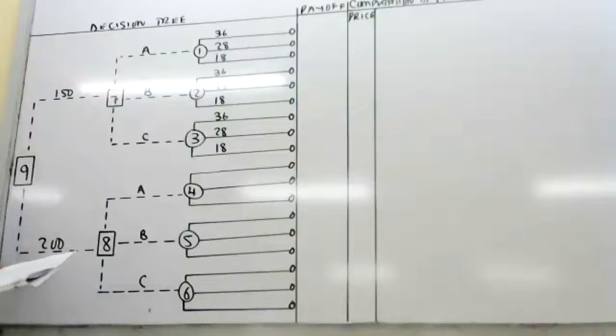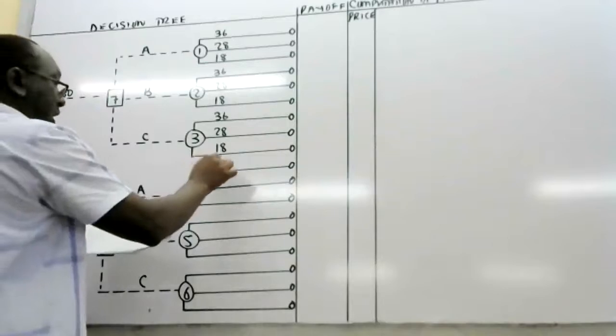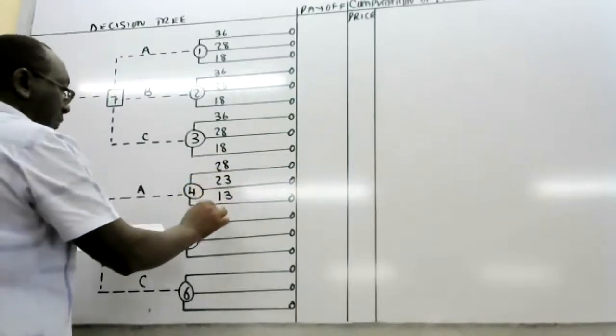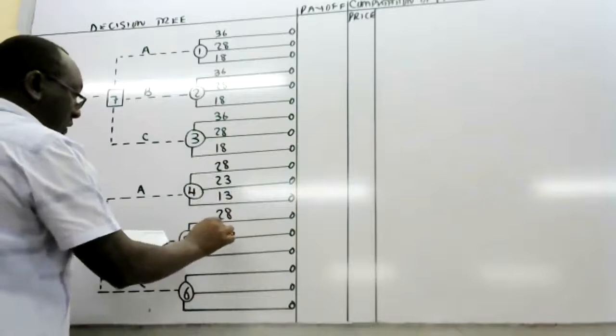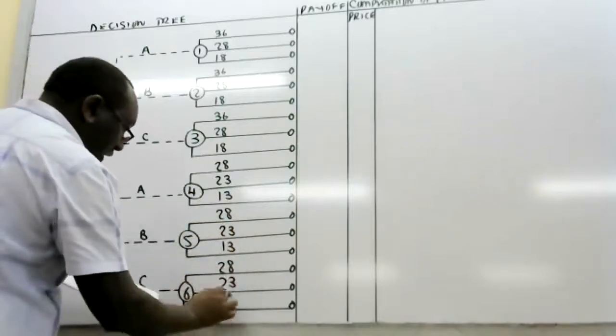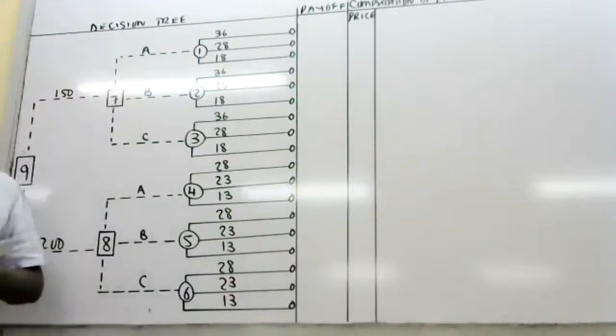That is when you are in the price of 150. When you come to the price of 200, the units are 28, 23, 13. Something else that we need to record are the probabilities.